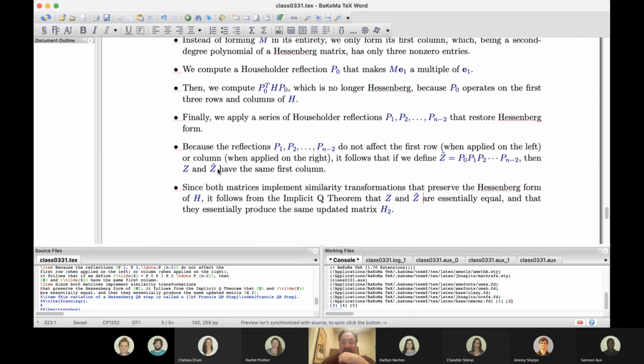And because Z and Z tilde have the same first column, and Z tilde also makes H Hessenberg, that means they're essentially equal. So the matrix that they produce is the same. They're not exactly equal, but the subdiagonal entries in particular would have the same absolute value. And that's very important because we're looking for those entries to become 0 so we can spot decoupling.